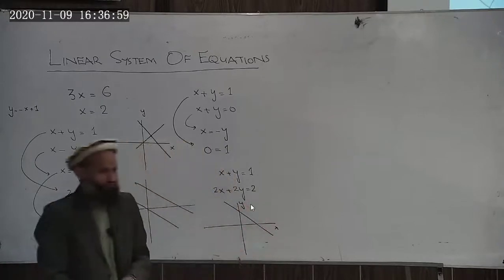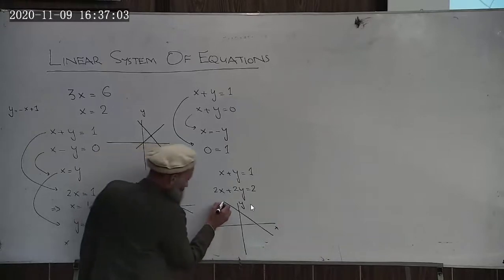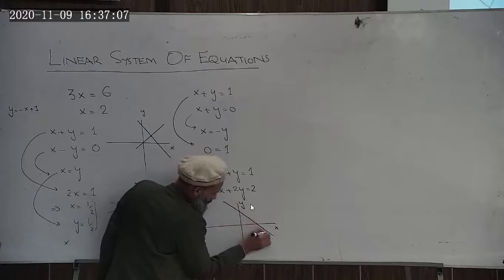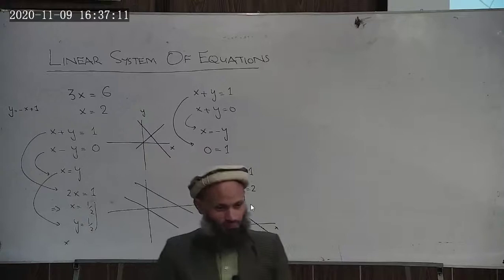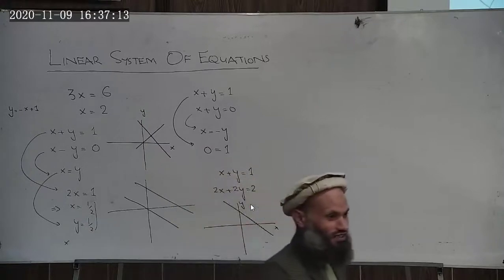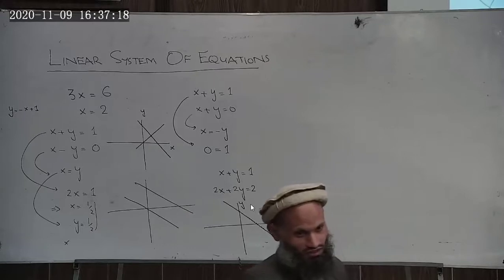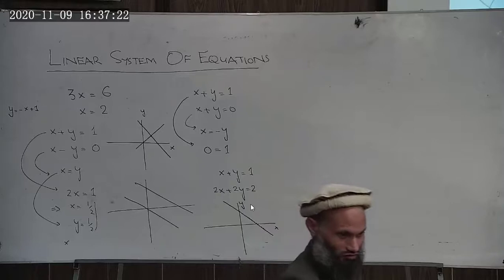This is the graph for the first equation, and here is the graph for the second equation. Both the graphs overlap, therefore there are multiple points, to be more precise infinite points, which satisfy both the equations. Therefore there are infinitely many solutions to the system of equations.